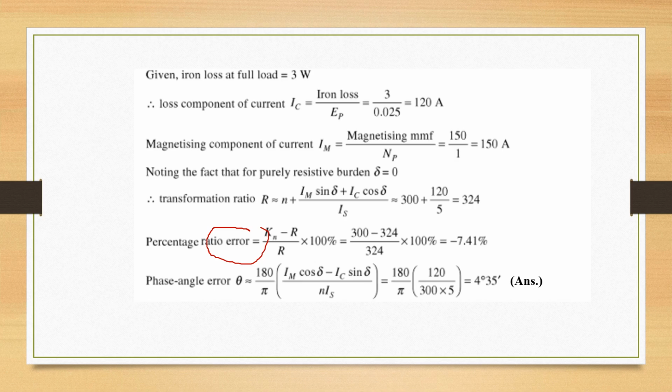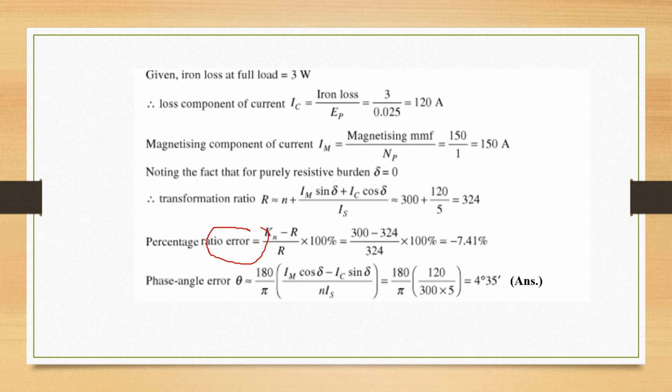From that, the loss component of current we can find out, that is iron loss divided by primary induced voltage, and the magnetizing component, that is magnetizing MMF, also given in the question, divided by the primary number of turns.